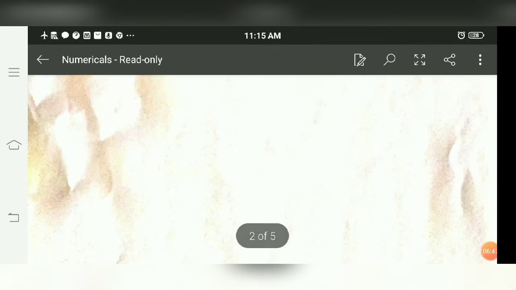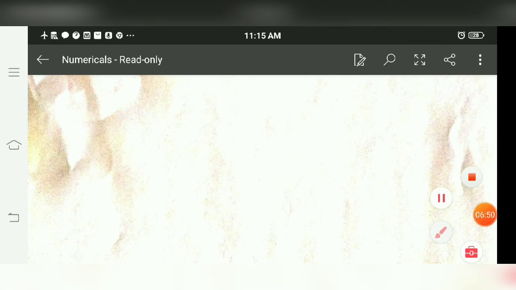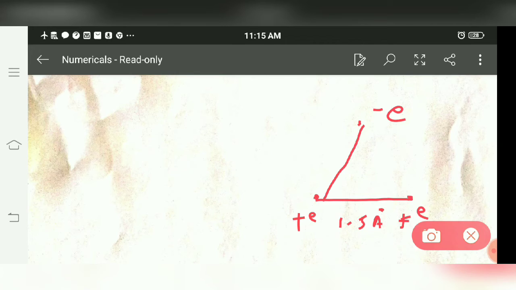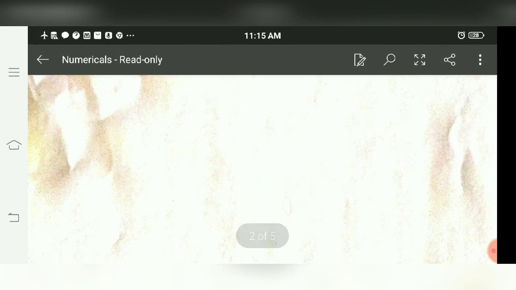So suppose this is proton 1, this is proton 2, and this is the electron. The distance between the protons is 1.5 angstrom, both plus, and the electron is minus, with a distance of 1 angstrom.